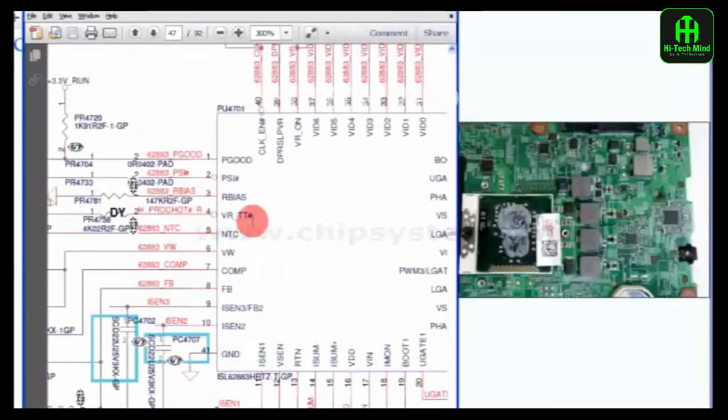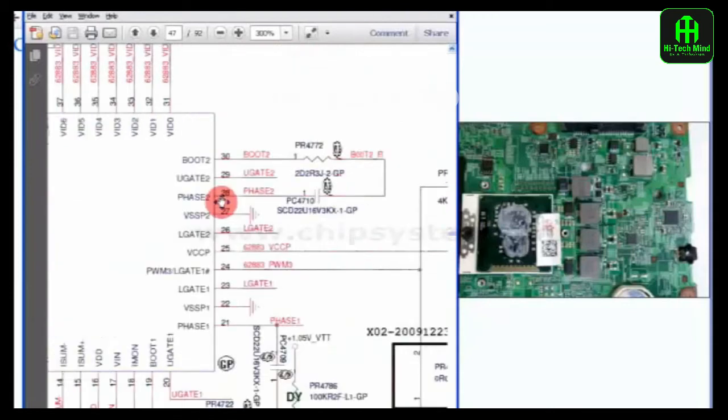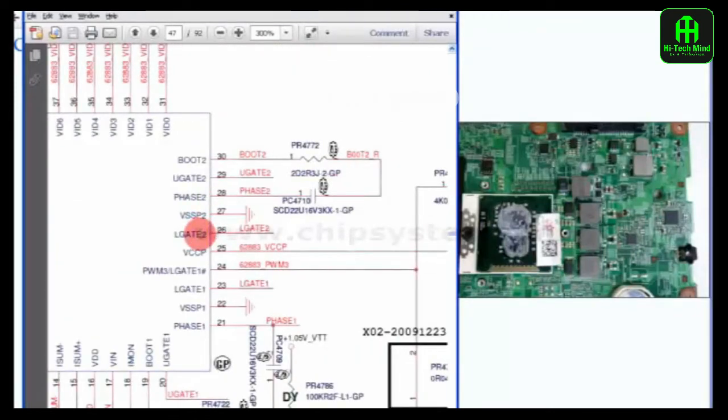This CPU core voltage regulator IC is built with 2 internal MOSFET drivers and 1 external MOSFET driver. This is PWM3, the external MOSFET driver. Phase 1 is the internal gate driver 1, and phase 2 is the internal gate driver 2.